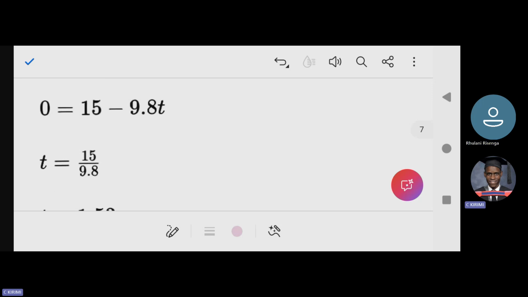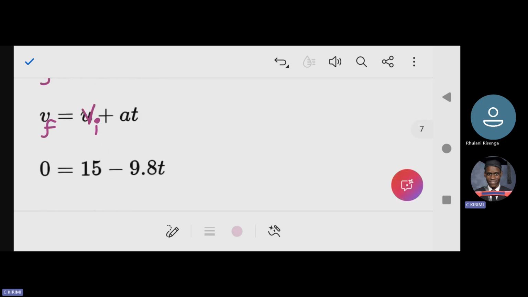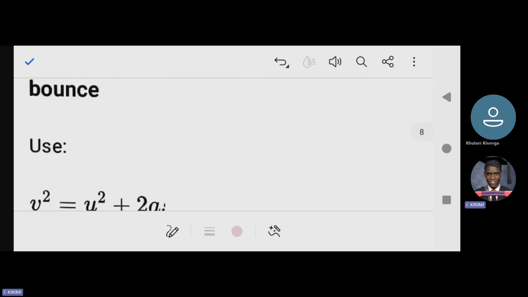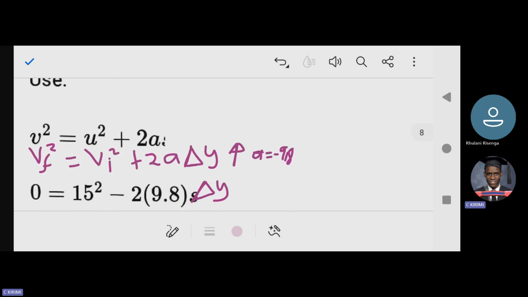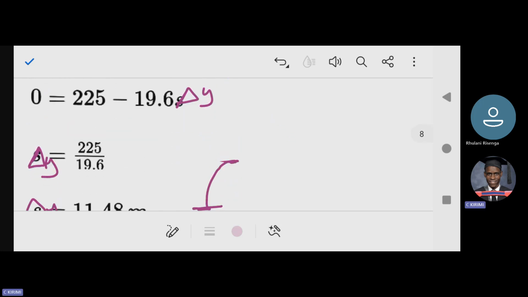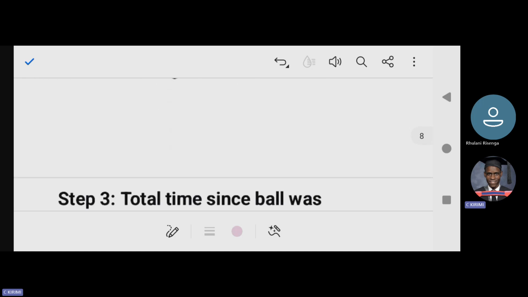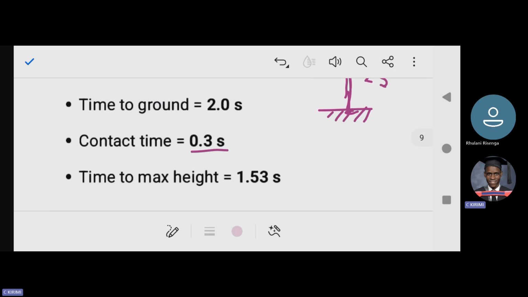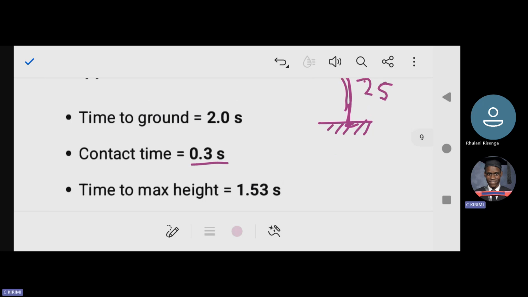No. Why did we calculate the time first? The time was to calculate the time from the ground to the maximum height. And then the second formula which we used was for calculating the height from the ground to the maximum height. But we know that from the point of release to the ground, it's 2 seconds, and also the contact time, 0.3 seconds.